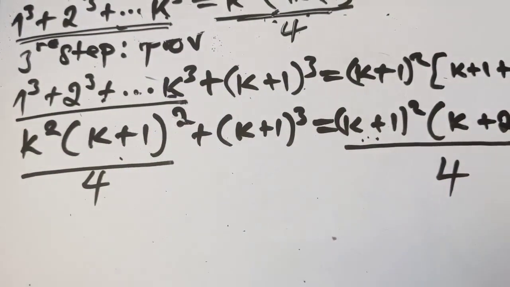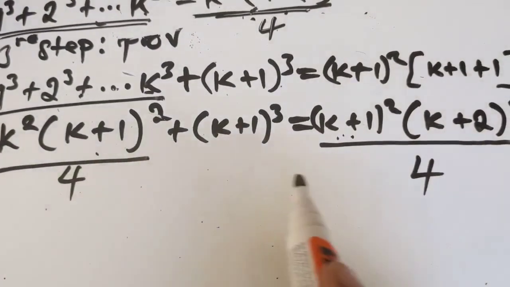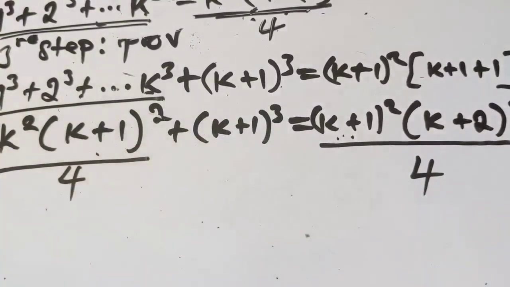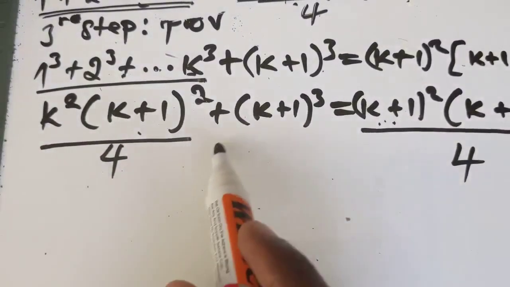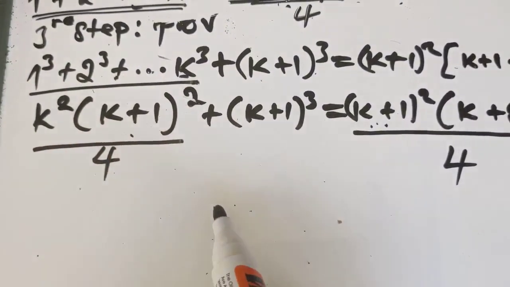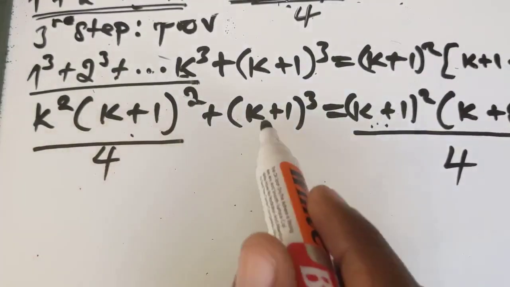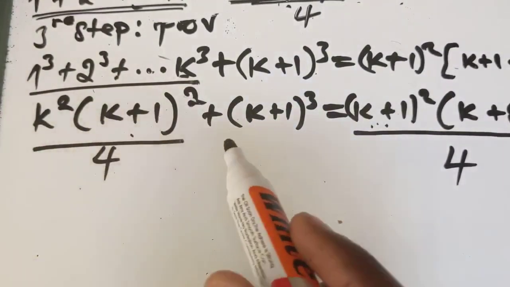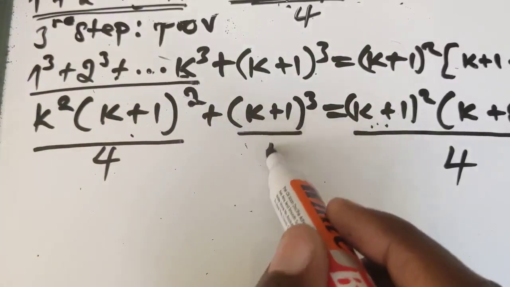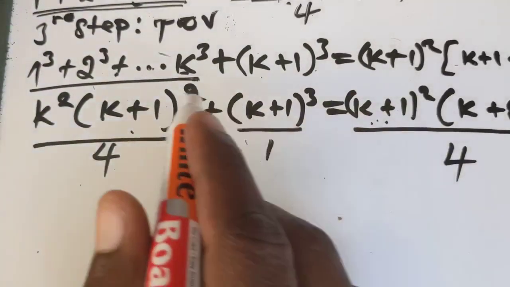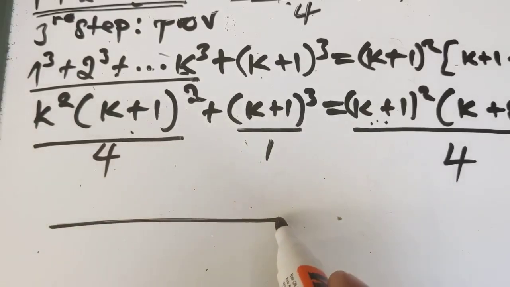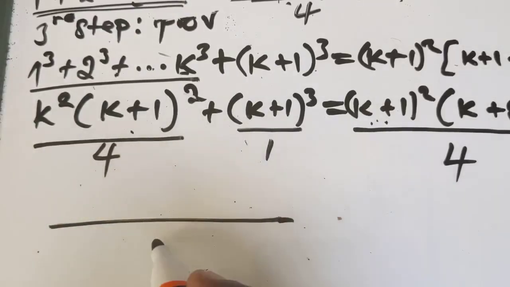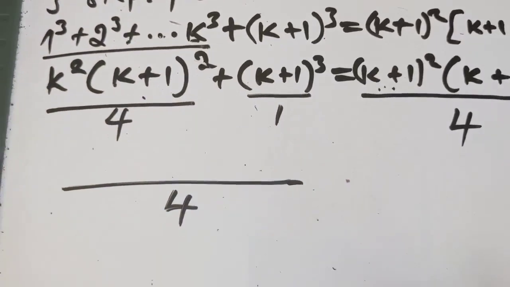So from here now, this part, the way it is, it is just a fraction. So you can just put over 1 like that, just this part on the left hand side. So you look for a common factor, that is 4.